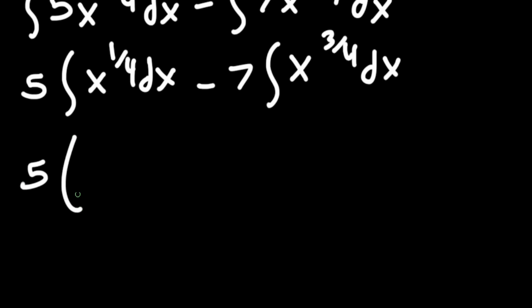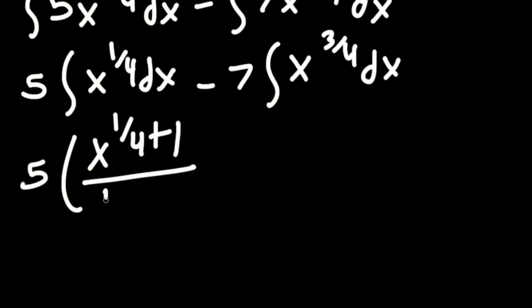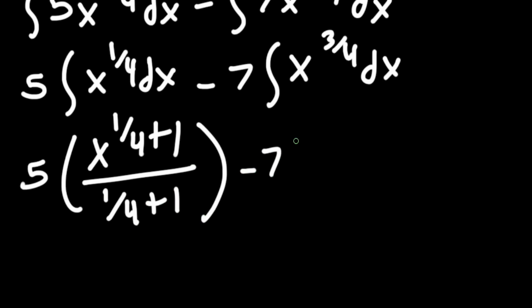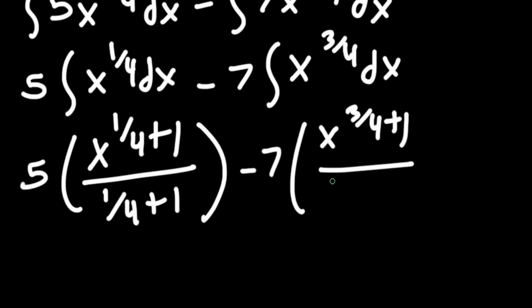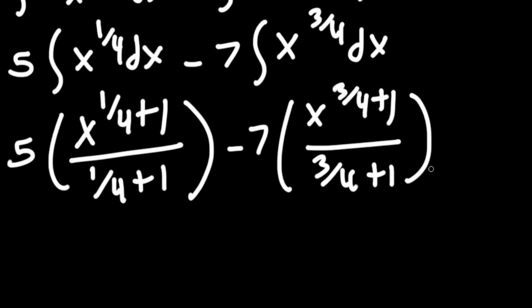So 5 times x raised to 1/4 plus 1 over 1/4 plus 1 minus 7 times x raised to 3/4 plus 1 over 3/4 plus 1. And whenever an integration is done, there's a constant born, so plus c.